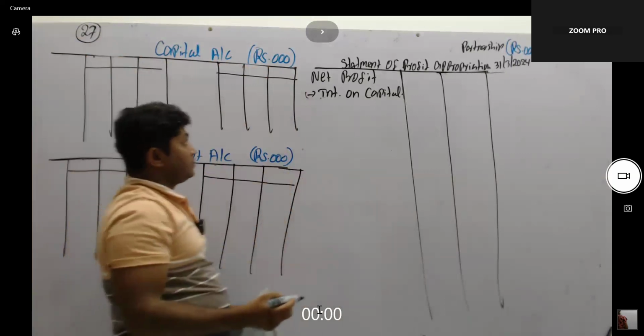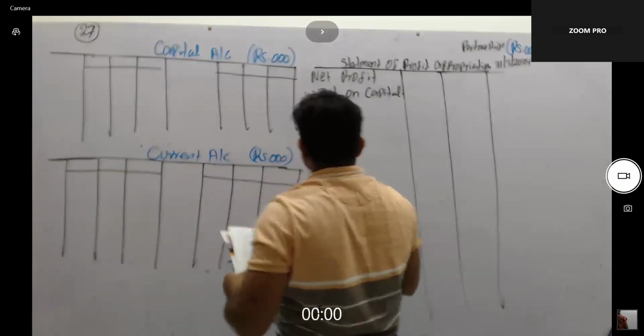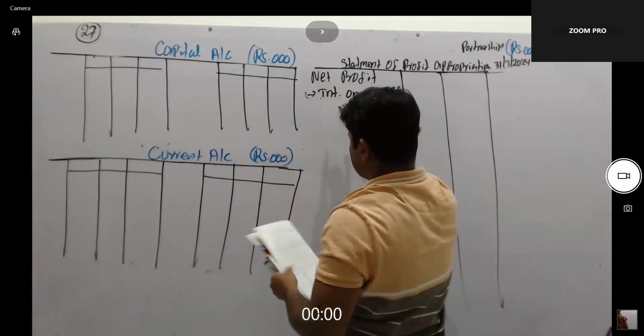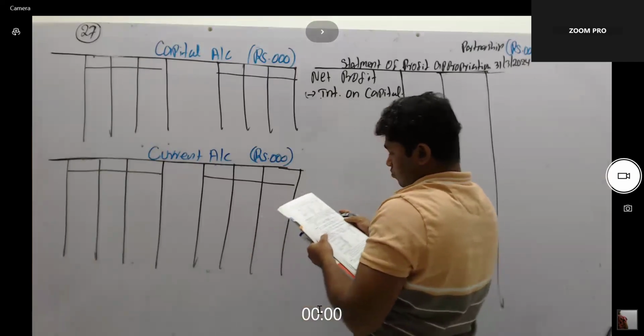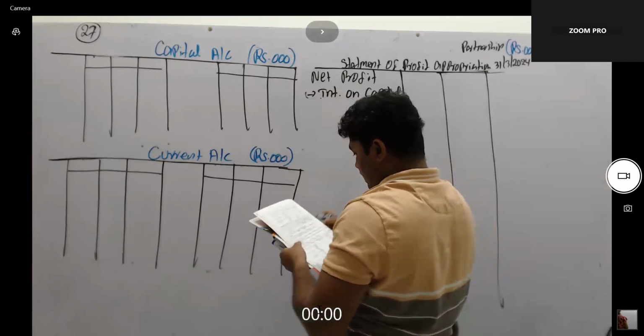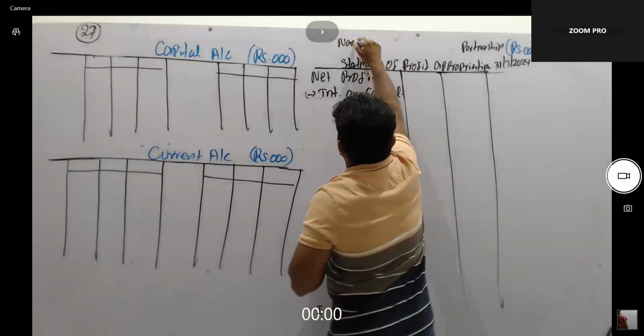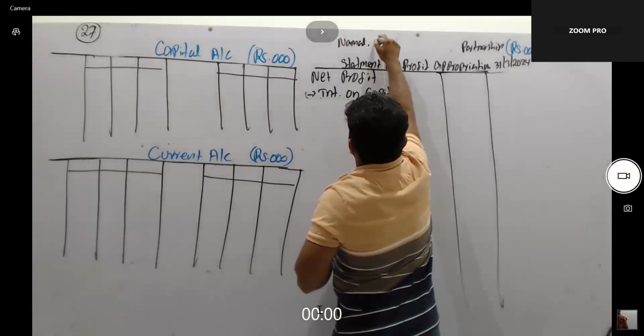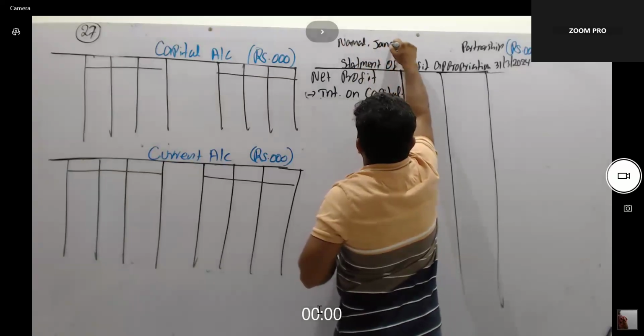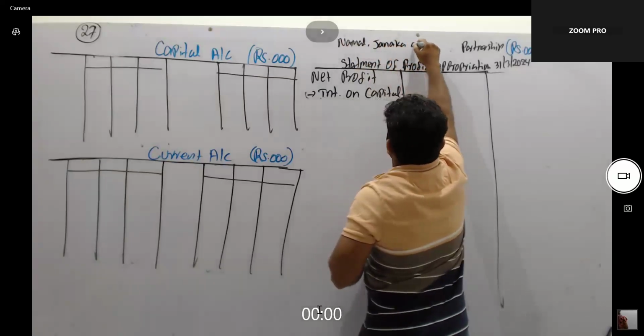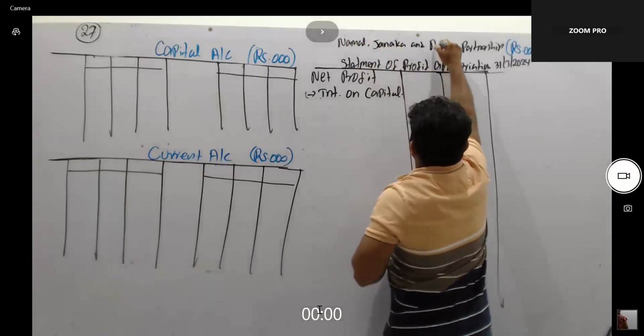Three partners available. Interest on capital, also 3 partners. Names: Namal, Janaka, and Asanka.